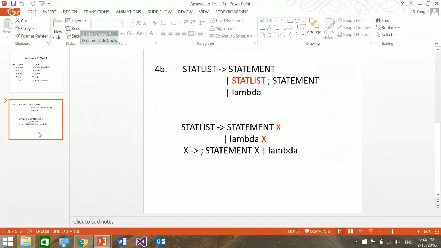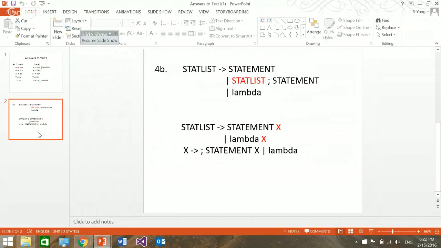X. Okay, so to make this correct, it should have the X there, not just the lambda. But isn't it sort of equivalent? Well, see, X also has the semicolon statement and the X. But in the above statement, stat list can go straight to lambda. Stat list could go straight to lambda. Okay, right now, so that has to hop over.